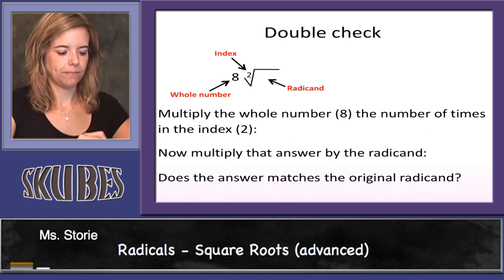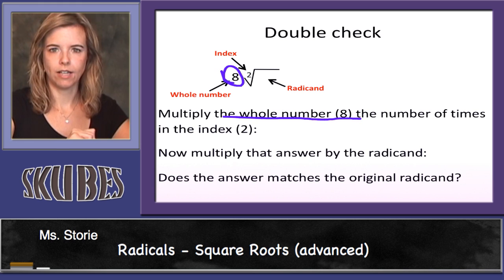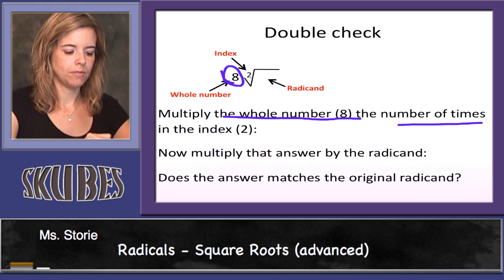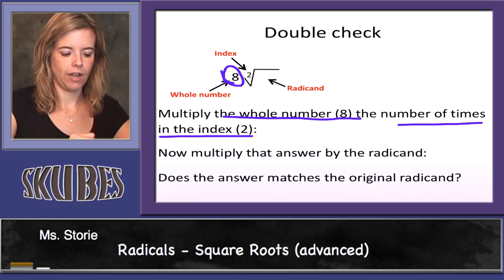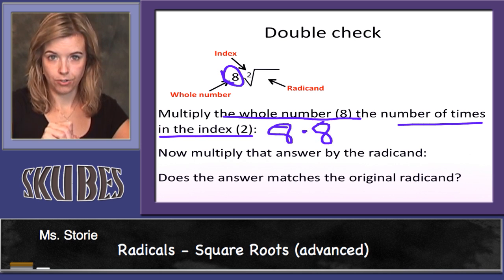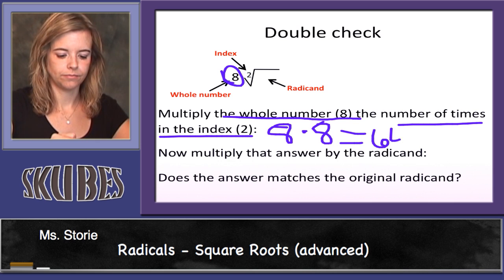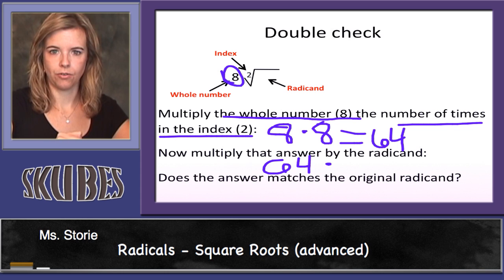So let's give it a try. We're going to multiply the whole number 8, the one that's outside, the number of times in the index. So we're taking the number 8 and we're multiplying it twice. 1, 2, because that's what the index says. 8 times 8 is 64. So now we're going to take that answer and multiply it by whatever is under the radicand.